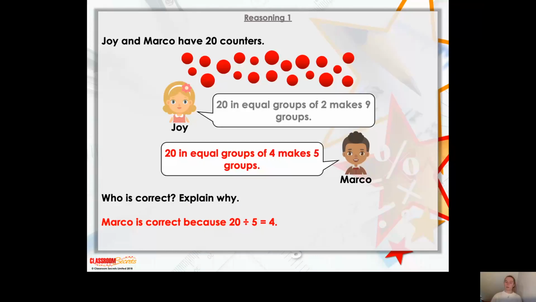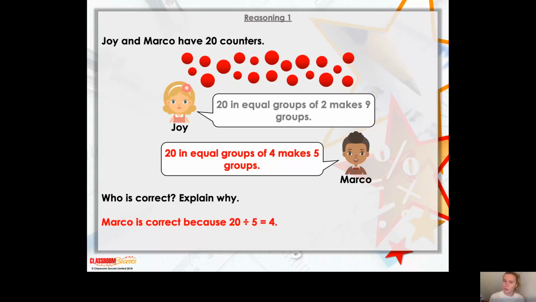So Marco is correct because 20 divided by 5, so 20 counters divided by 5 groups gives you 4 in each group. Or you can say 20 divided by 4, because they've been put in groups of 4, equals 5, because you get 5 groups out of it. Now, Joy wasn't correct, was she?